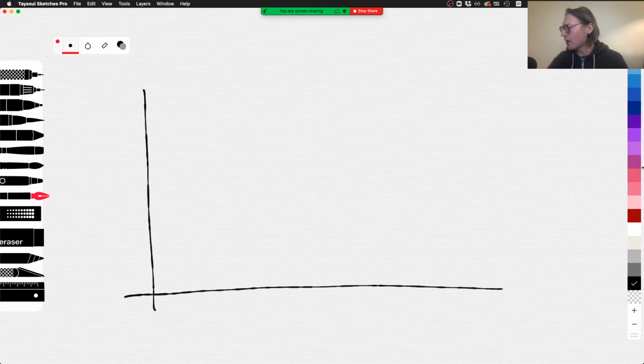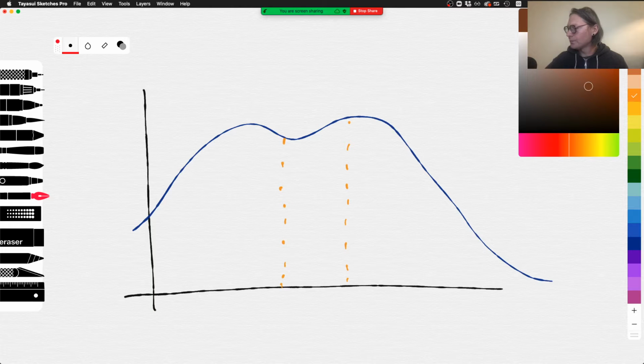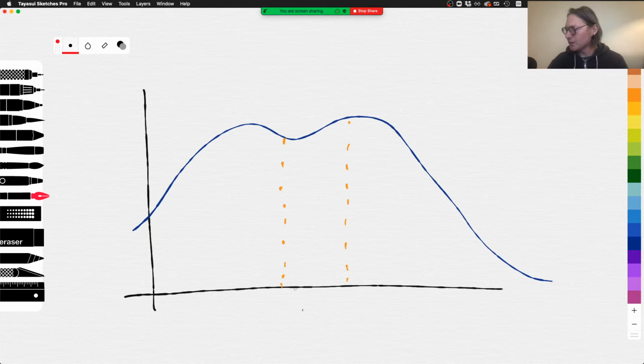So I'm going to draw this polynomial again, and I don't know, it looks something like that. And if we're trying to consider the area between here and here, then we might make a choice to discretize here.